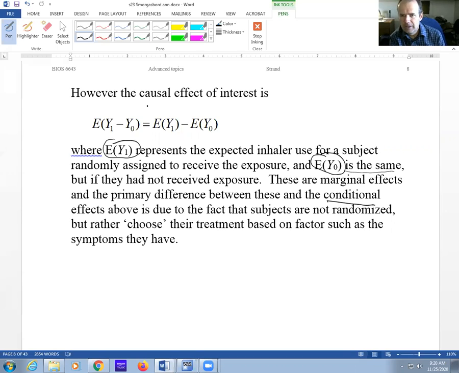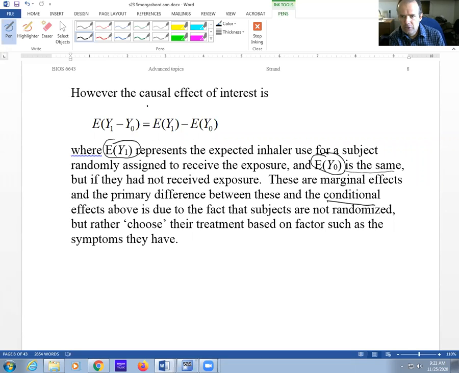And we can estimate that if we consider the situations when they're exposed and not exposed. But the problem is that that may not address the randomization issue. Okay, so what we really want is for the same exact kid, same exact situation, controlling for everything, the only thing that we change is whether they were exposed to cigarette smoke or not.